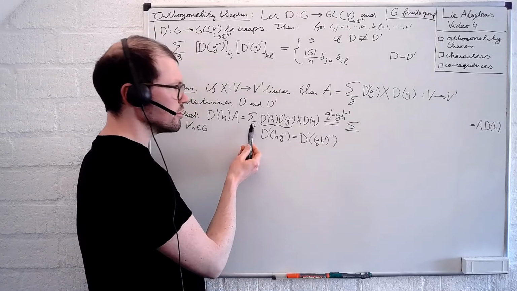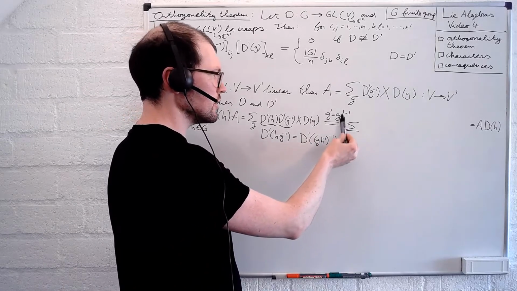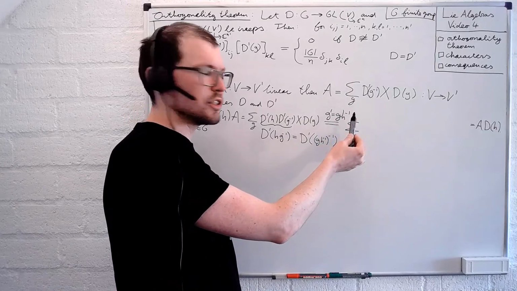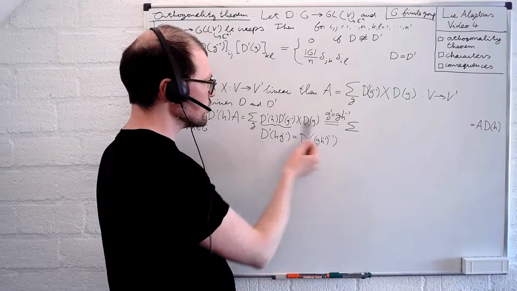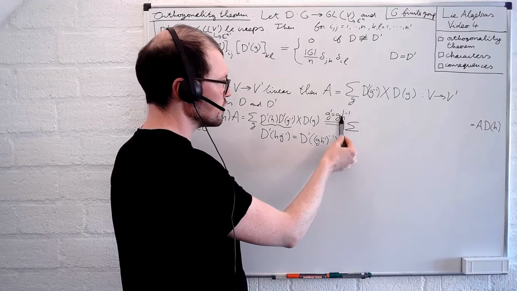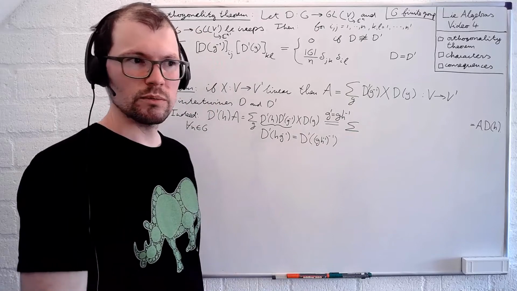Here I was summing over G, but we know, because this group has an inverse, that multiplying all elements of the group by this fixed element H inverse again gives us all elements of the group.